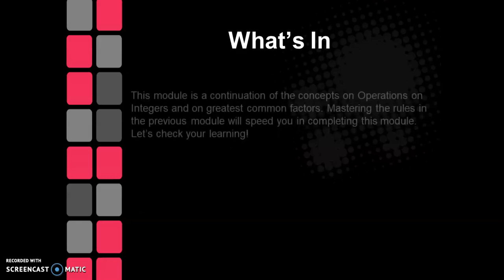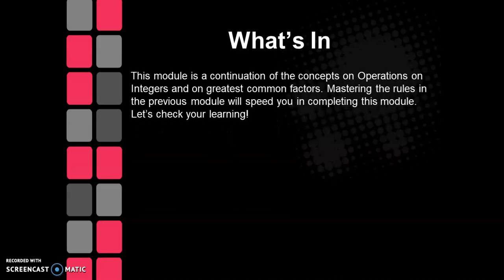If you have your module with you, kindly open Module 5 so you can follow. This module is a continuation of the concepts and operations in integers and on greatest common factors. Mastering the rules in the previous module will speed you in completing this module. So let's check your learning.